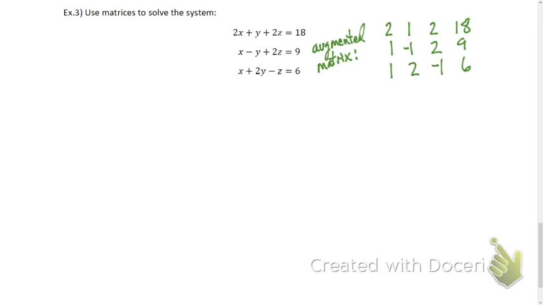Let's flip row 1 and row 2. If you want to flip row 1 and row 3, that's perfectly fine as well. Your matrix will look a little different than mine though. But the final result, we'll both get the same answer.